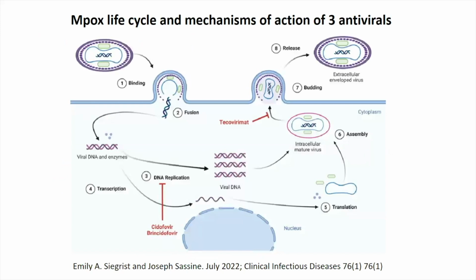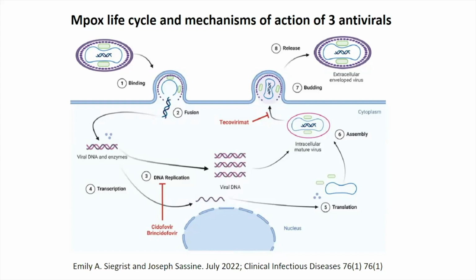mpox. This is the life cycle of the virus, and you can see here the virus attaching to or binding to the receptor and then fusing the membrane before emptying its load of viral DNA and enzymes in the cytoplasm, where viral DNA replication takes place, and transcription and then translation of the mRNA of the virus into viral proteins, which can be assembled together into an intracellular mature virus.